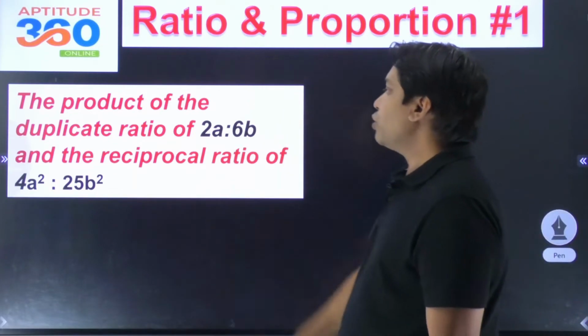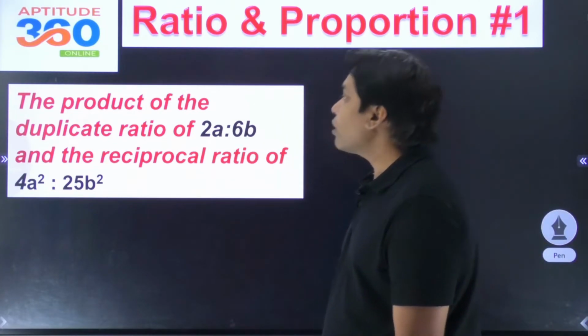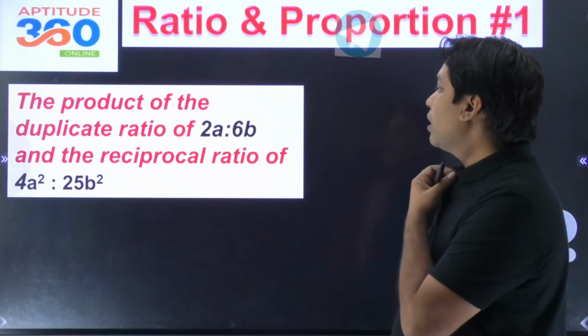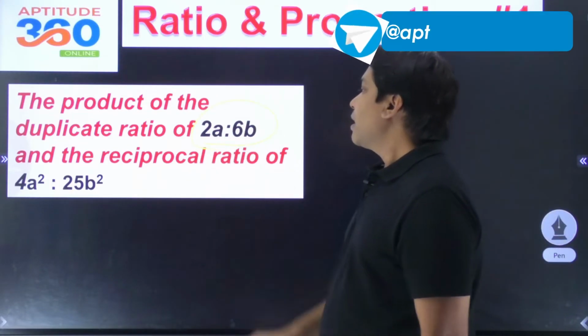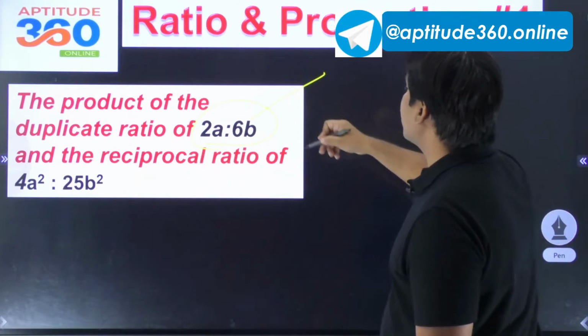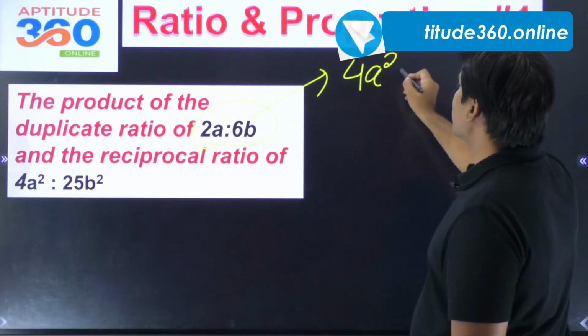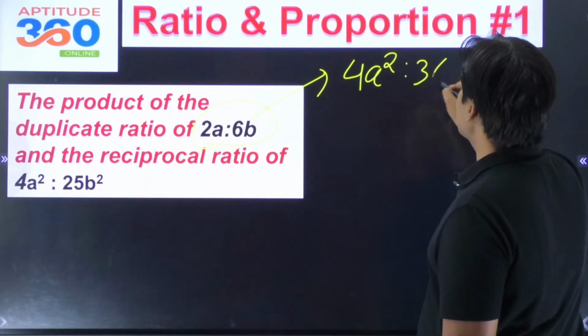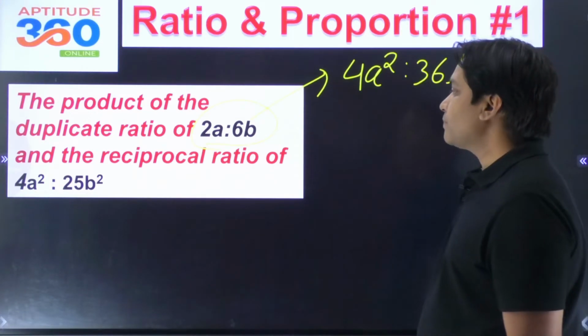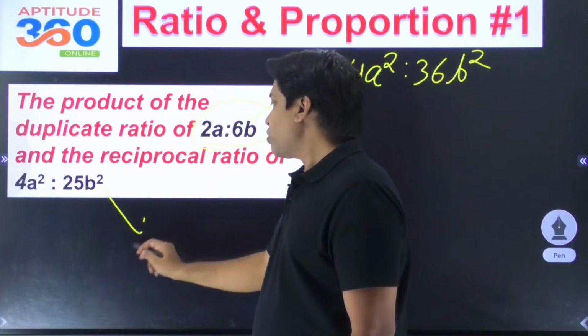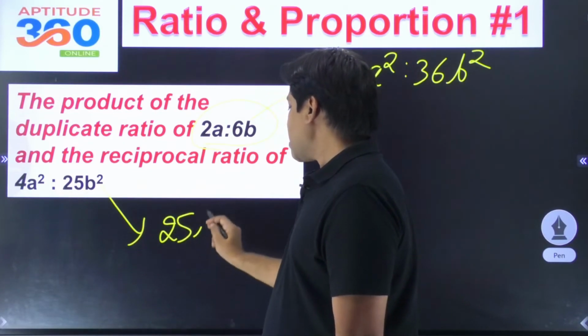In this situation, you have to find out what is the product of the duplicate ratio of this. So how do you find out duplicate ratio? Duplicate ratio is you have to make it square. So this is going to be 4A square is to 36B square, isn't it? And the reciprocal ratio, what is the reciprocal ratio?